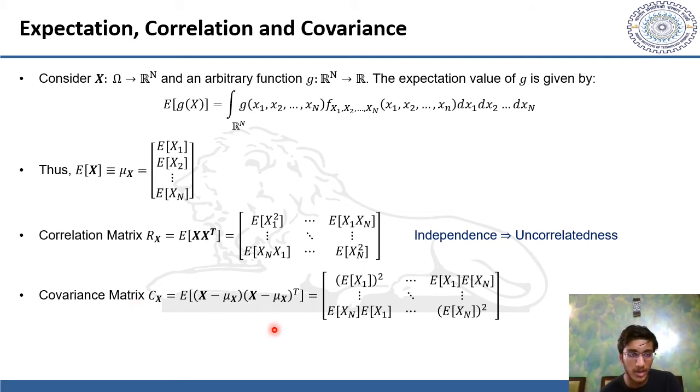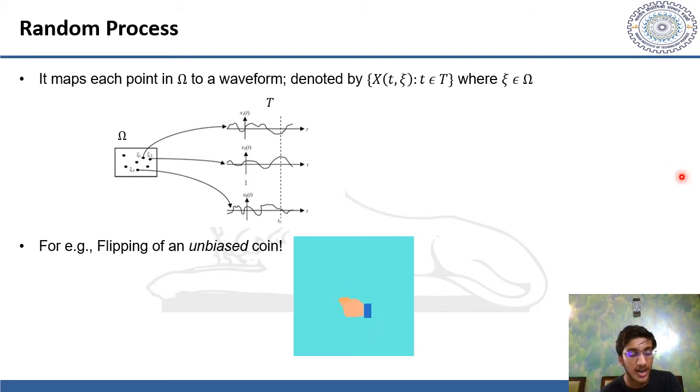Now that we have all this brief background of probability, random variables, expectation, correlation, and covariance, we can define a random process. A random process is essentially, again, a mapping denoted by x of t comma xi, wherein t, which is the index variable, is an element of a set capital T, and xi is an element of the sample space omega.